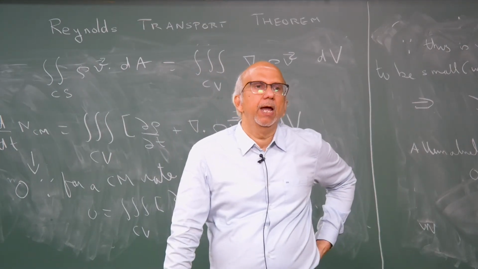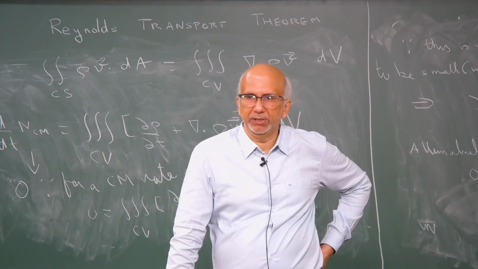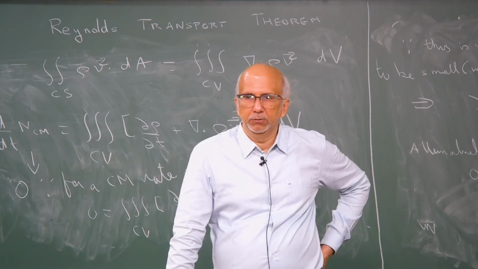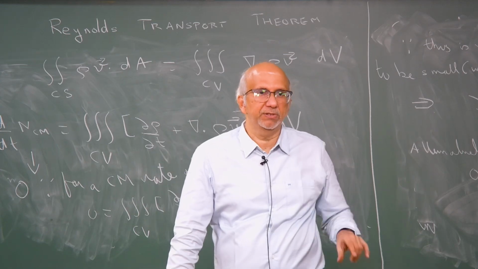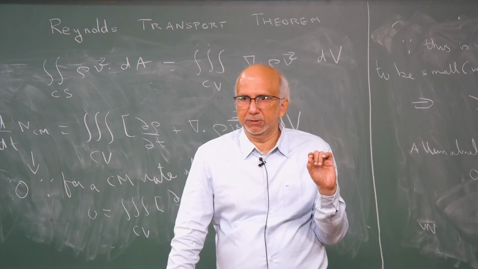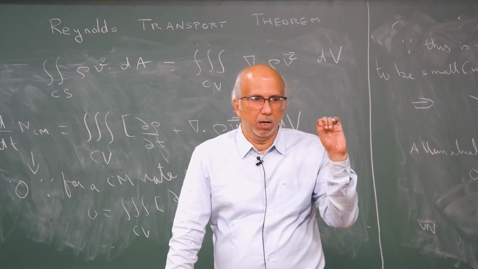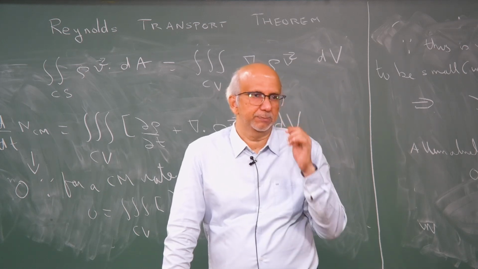Okay. And what we have derived is basically the equation of continuity. So, this is the equation of continuity, which is a mass balance, which is a local mass balance. It is a differential form of the mass balance, which tells you how the density and the velocity are going to vary spatially and with time.